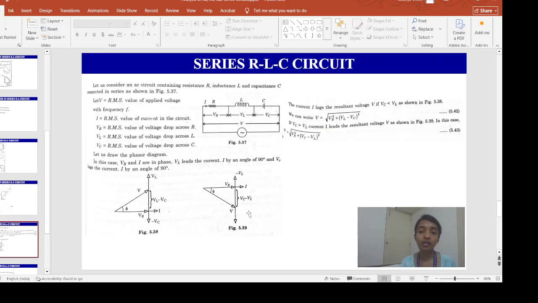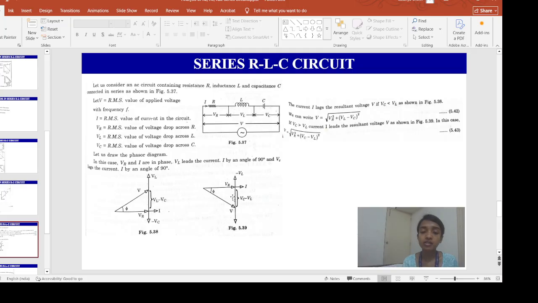So for our calculation here, for this case, when you consider VL greater than VC, your resultant vector V will be root over of VR square plus VL minus VC whole square.